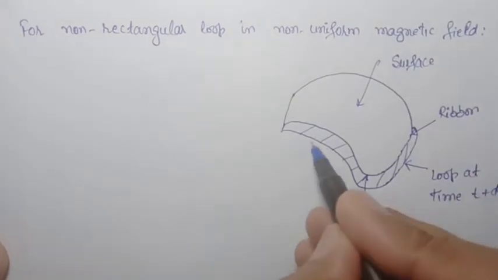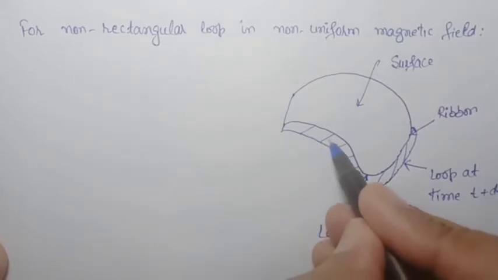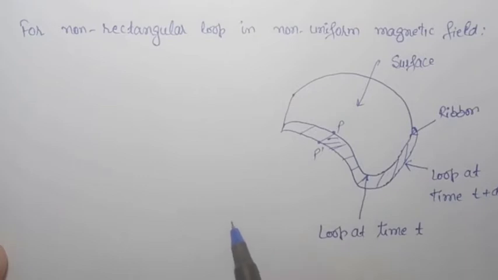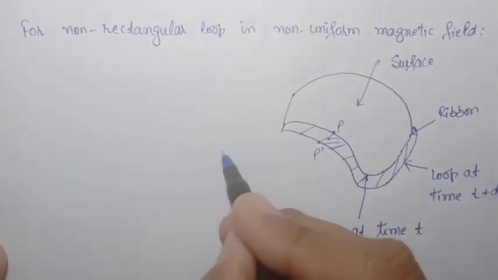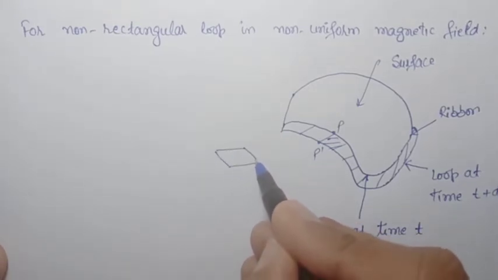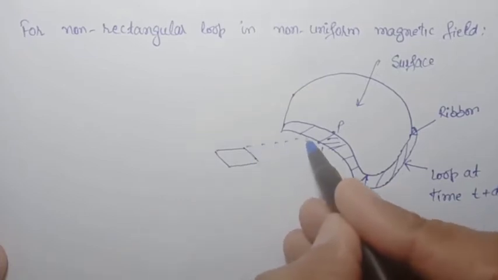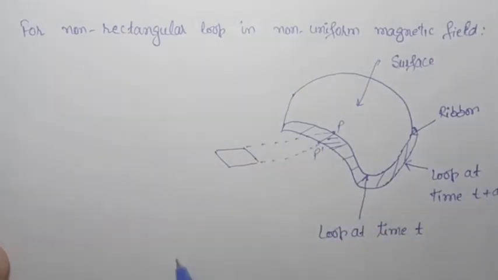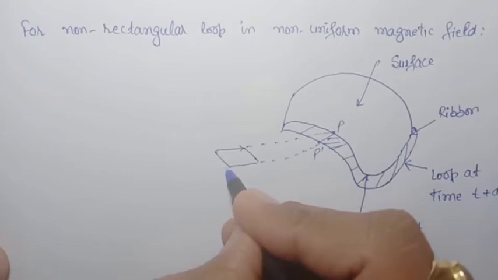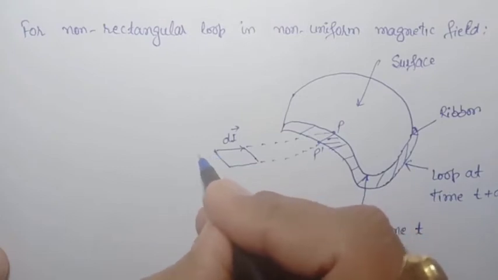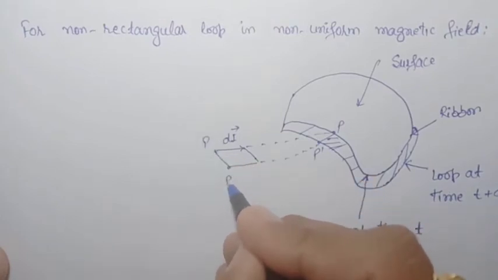Suppose we consider this loop, and suppose this point is P and this point is P dash.